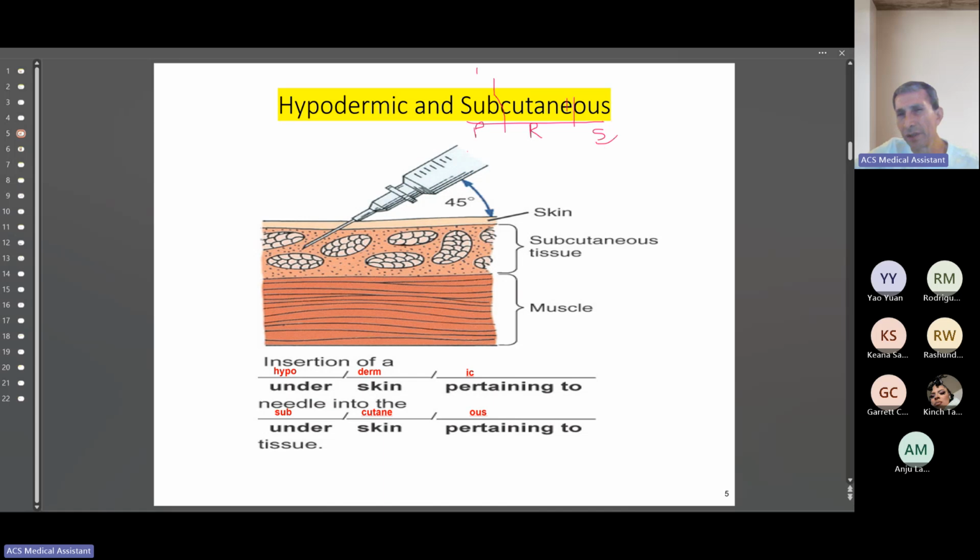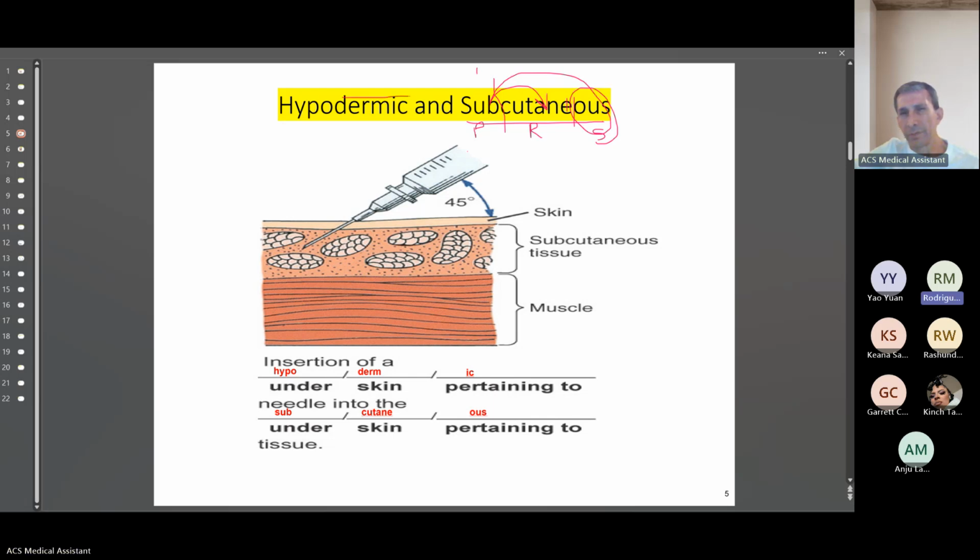So we start from the suffix. Pertaining to, underneath the skin. Just think about it. You cannot say pertaining to the skin under. Doesn't sound good. Under the skin pertaining to, either. So pertaining to under the skin.